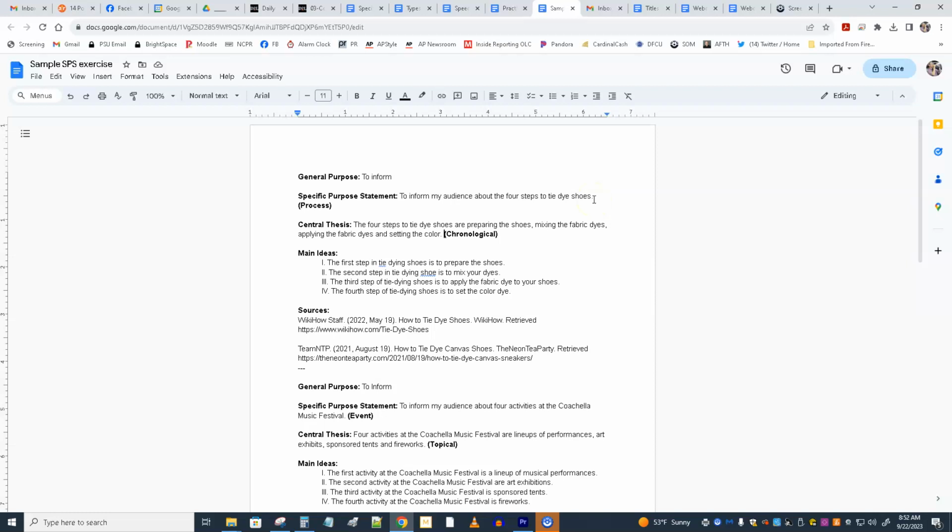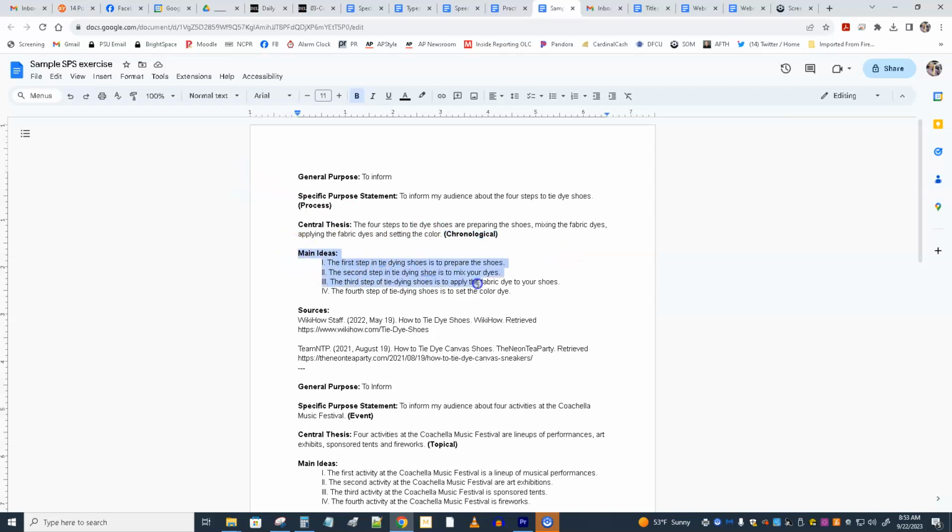The 4 steps of doing something. Then we have the main ideas, which are in the central thesis: preparing the shoes, mixing the fabric dyes, applying the fabric dyes, setting the color. Those things happen in order, so it's chronological. So this would be a process, chronological, SPS, and central thesis.